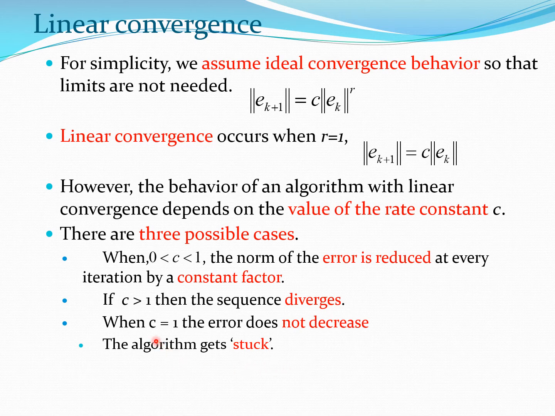So that can happen when c equals 1. So the important thing to note from this particular slide is that even when r is 1, the actual behavior of the method would depend on the value of c or the rate constant, and depending on the type of method you are going to do better or worse. So of course the important point is that c between 0 and 1 is a preferred value, because in that case your method is going to converge.